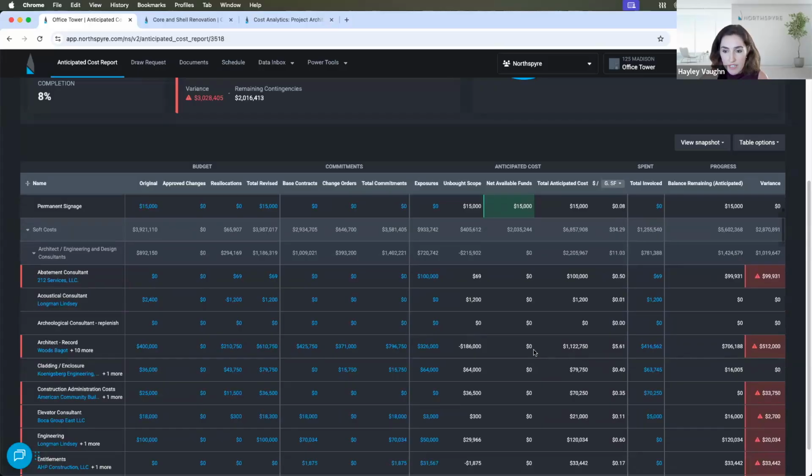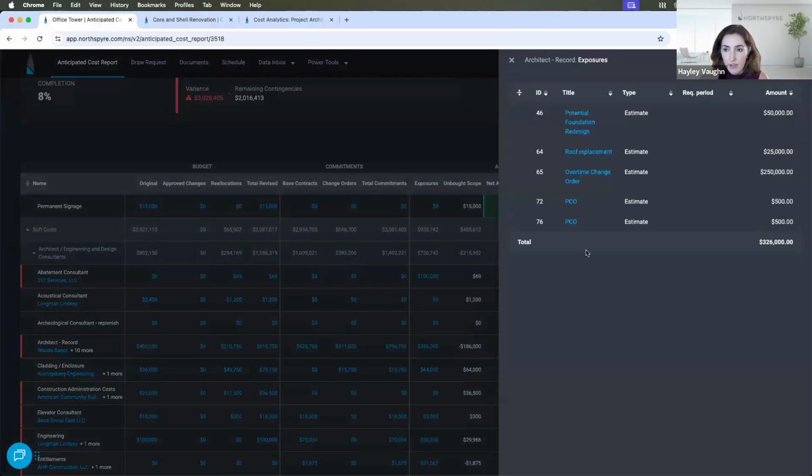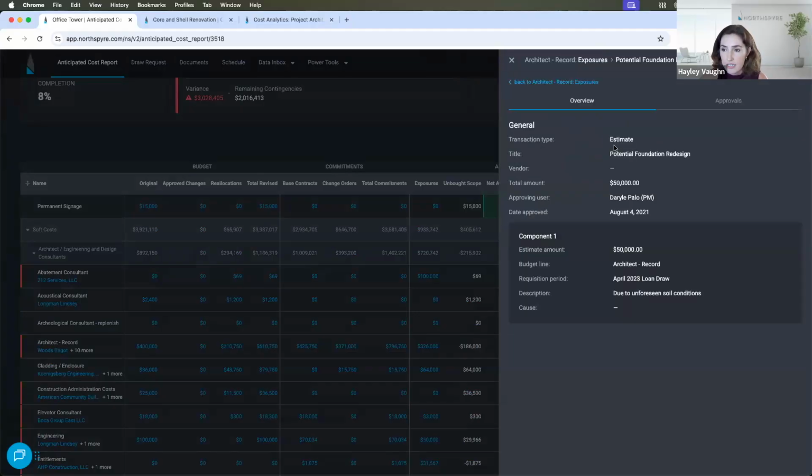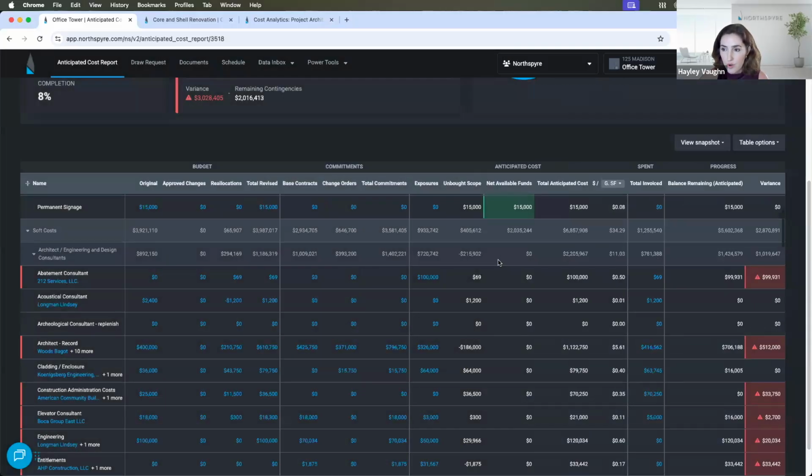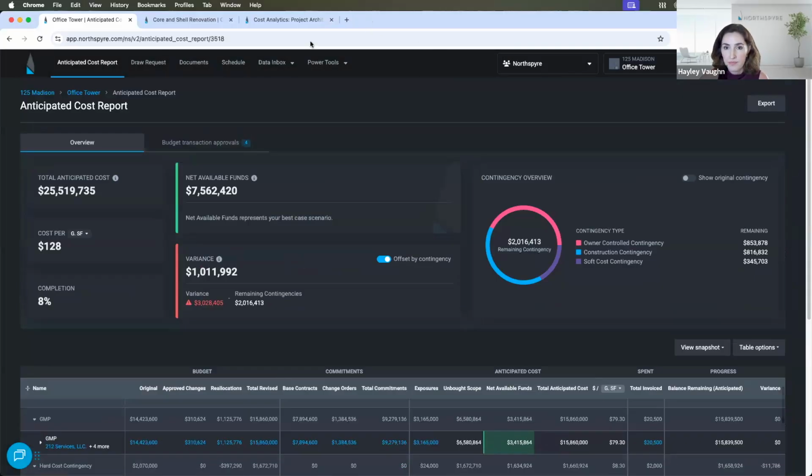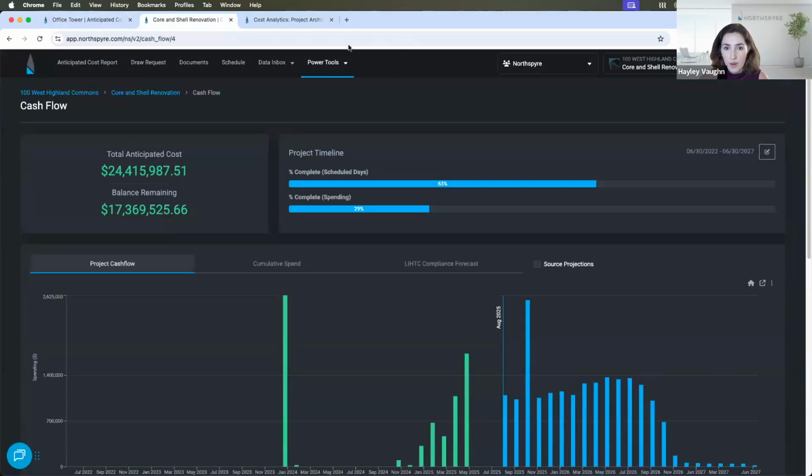And if I want to dig into why that is, I have this $326,000 exposure mark here. I can actually click into this value and start to unpack the exposures that are feeding into this variance. And so here I have an index to list. I can take this a step further, look at the specific PCO, who added it, when, any approvals that occurred, and so forth.